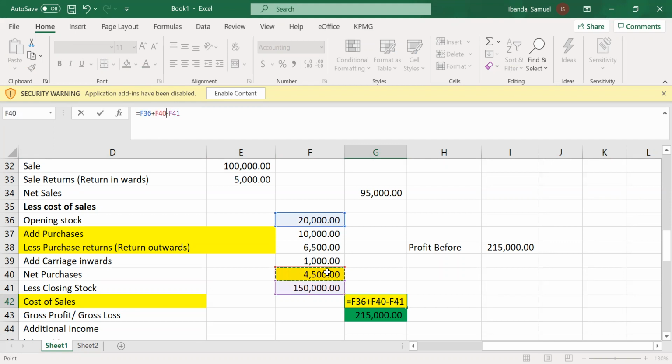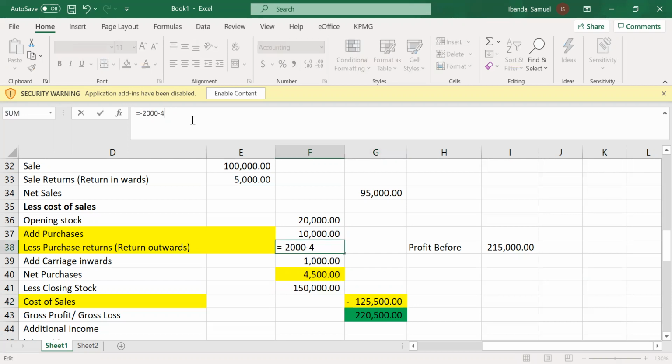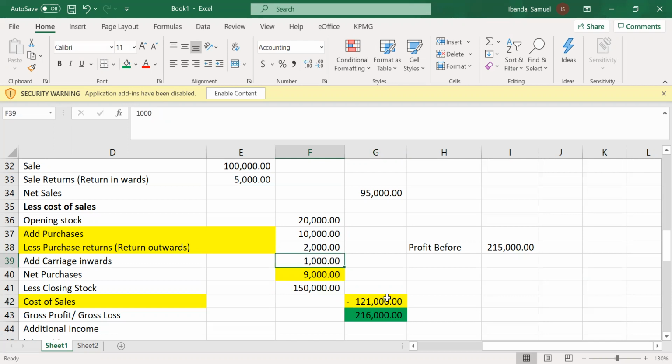So I'm doing opening stock, add purchases, which is my net purchases, then less closing stock. So this is what I happen to get, okay? Let me first try before. So before, okay, this is the true profit. This is the profit I have before.